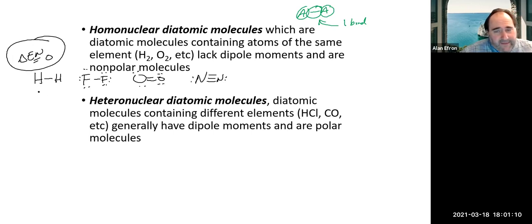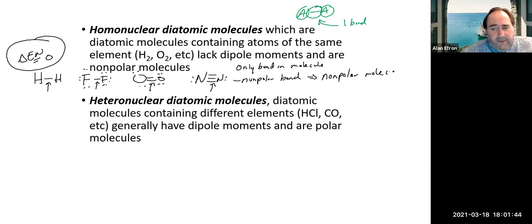And because of that, each of them has a nonpolar bond. That bond right there, that double bond right there, that triple bond right there. Because that is the only bond we see, this has a nonpolar bond, and that would mean that the molecule is also a nonpolar molecule.